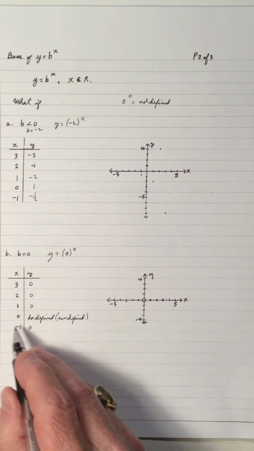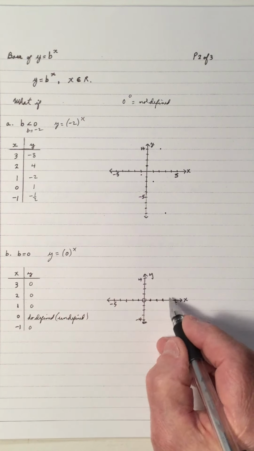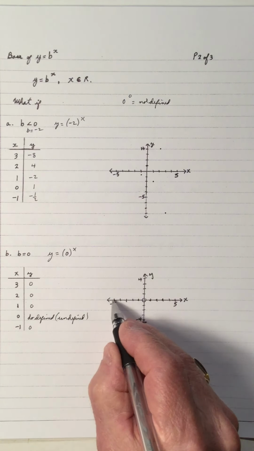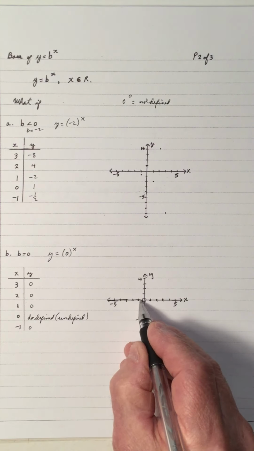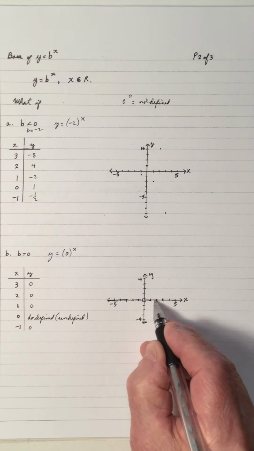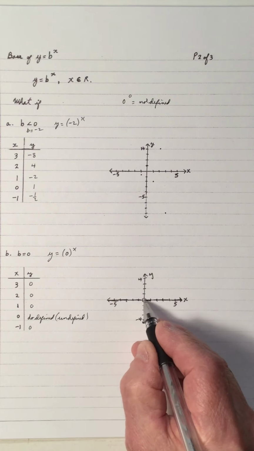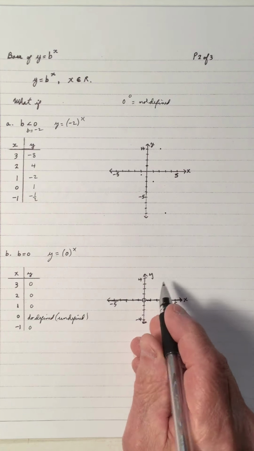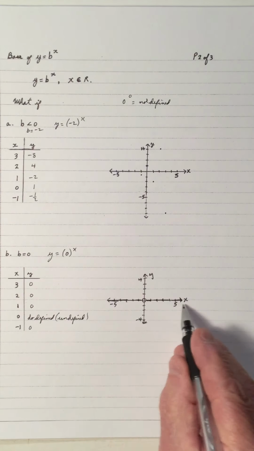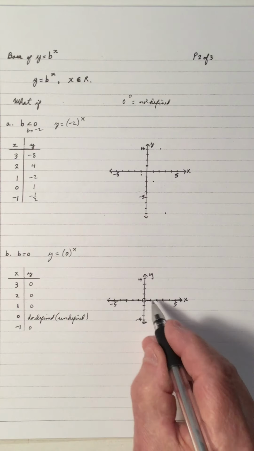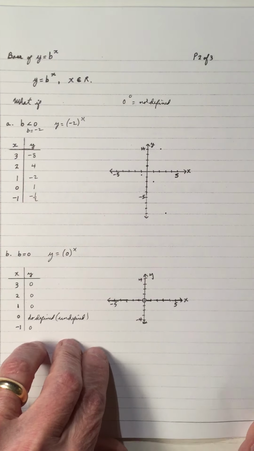If we take any number, like 2.5, 0 to the 2.5 is 0, so really you get all the numbers on the x-axis except 0. But that's not representing the exponential function, because this is a horizontal line, the x-axis, except you can't have the 0. So we can't have the base be 0.